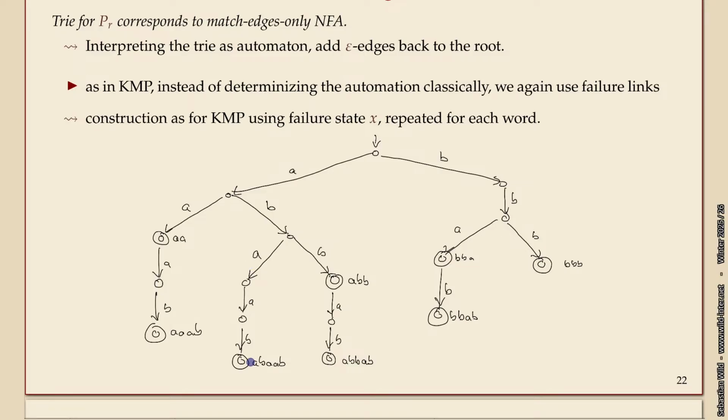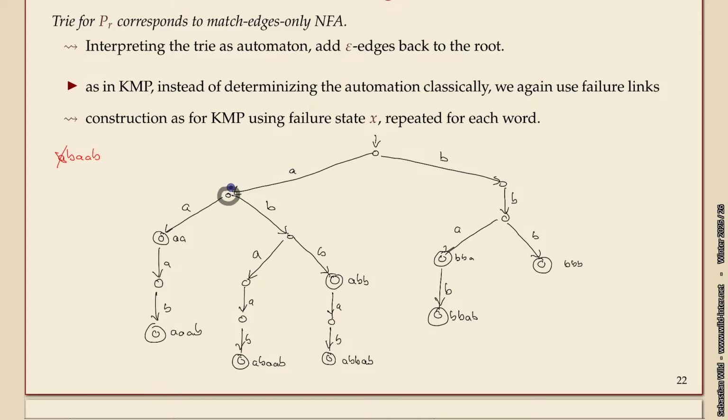Let's take this one, AB, AAB. I'm doing failure links for this one, AB, AAB. How did we do this? We got rid of the first character and see where we end up when we read through the string. So I'm going to have a blue pointer marking the node I'm adding failure links from, and I'm tracking the X, the failure state in red, where the failure link should go to.